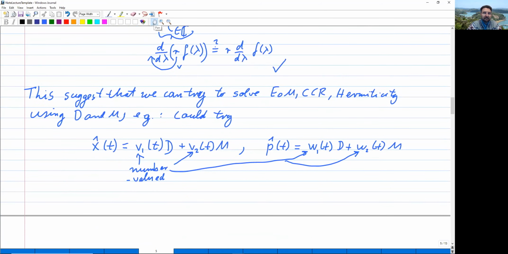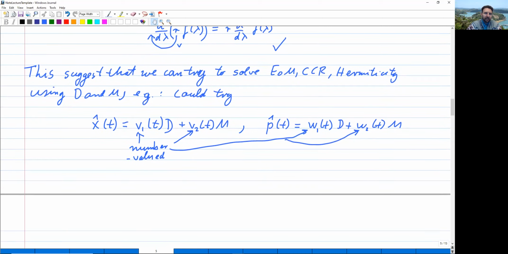X hat of t is some combination of the differentiation and multiplication. Actually, if we have multiple position operators here, multiple momentum variables too, then this would become more complicated, because then we have a differentiation not only with respect to one variable, but different differentiations. Different capital D's would be needed, different capital M's would be needed for the various variables that would be involved, right? But you see the gist of it. We can do it completely differently, either with the matrices or with these multiplication differentiation operators.